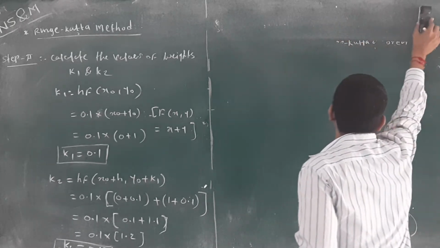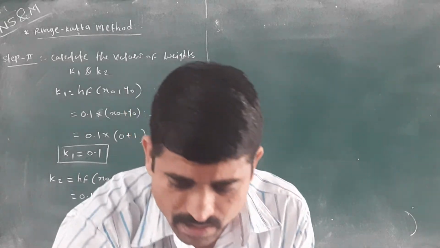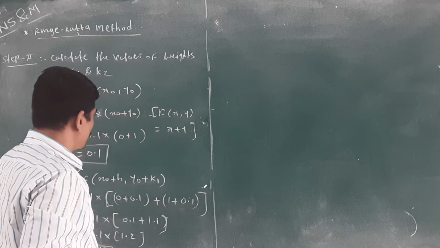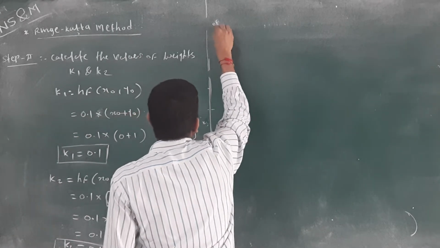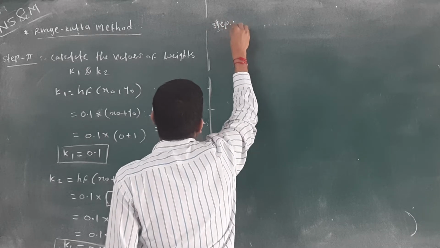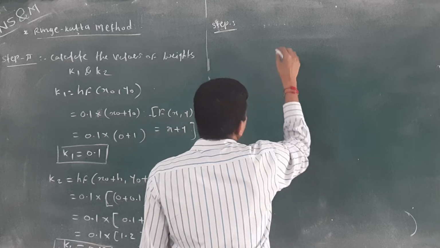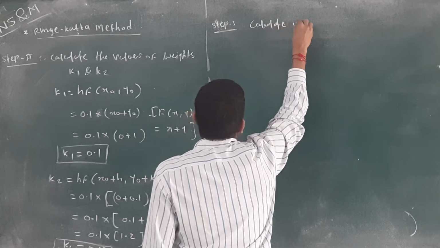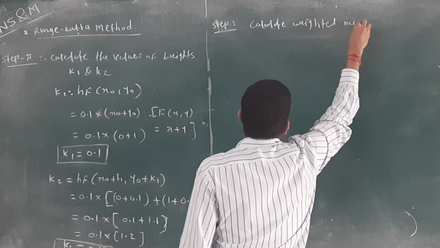Then what is the next step? Yes, anybody? I have explained already. What is the next step? K2 is equal to 0.12. Once you have calculated K1 and K2, step number 3. What is step number 3? Calculate the weighted mean. How to calculate the weighted mean? You know the formula.